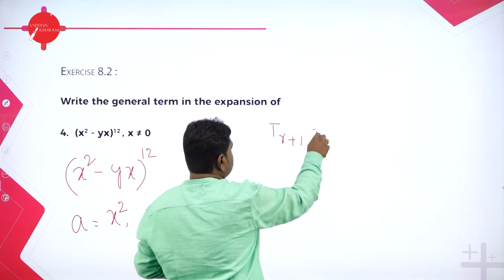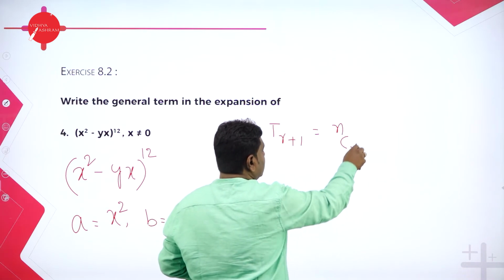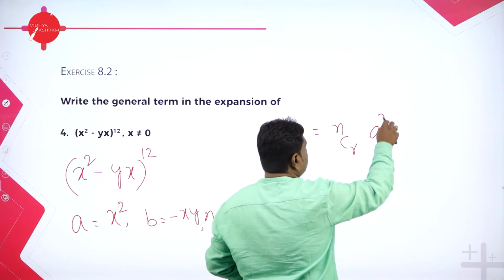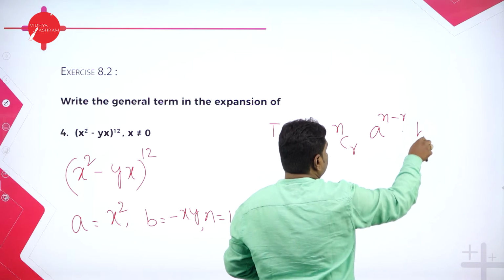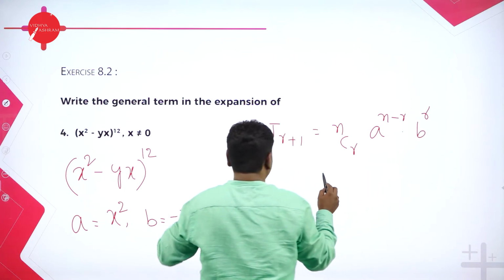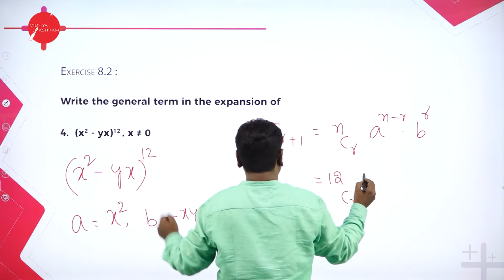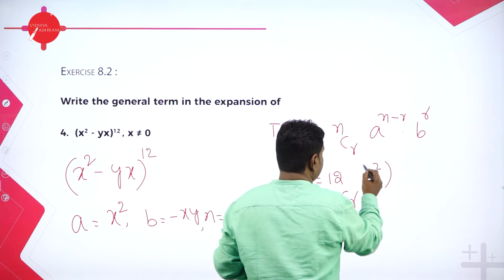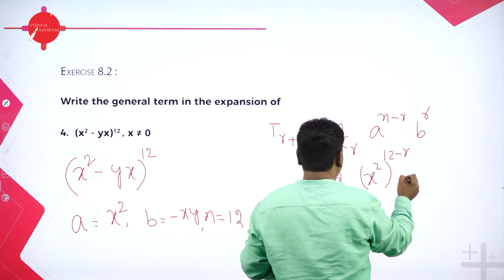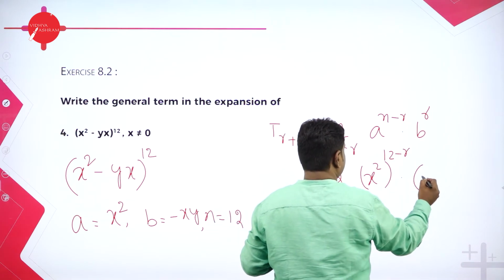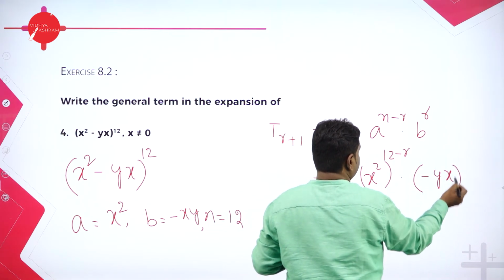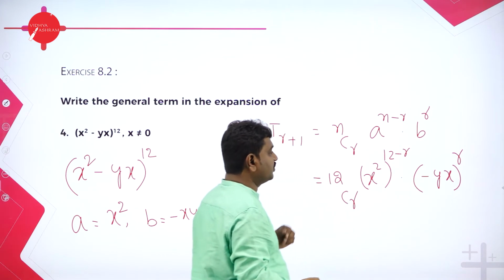T(r plus 1) is equal to nCr a power n minus r into b power r. So what is n we have? 12. 12Cr is equal to a means the first term, x square power 12 minus r. B means what? Second term, minus yx power r. So this is the answer.